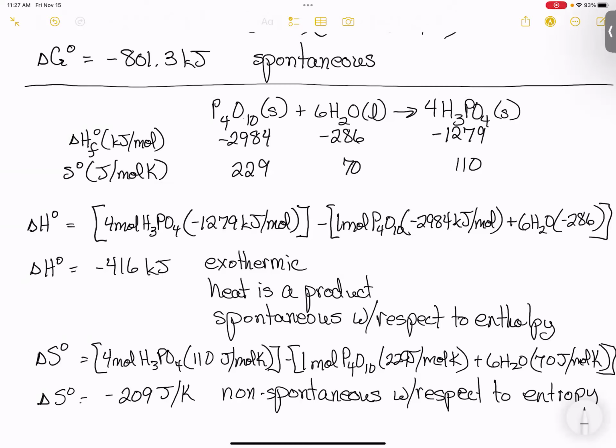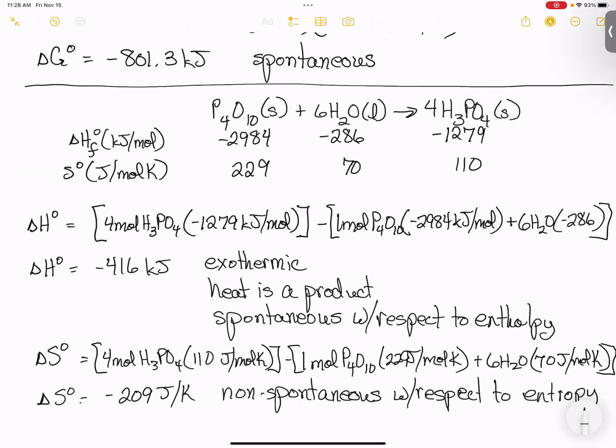Out of all 3 of these equations we come out with, why are 2 of them spontaneous and 1 of them is non-spontaneous? Okay. So the fact of the matter is, you can have 4 options, really. You can have an enthalpy that's spontaneous and an entropy that's spontaneous, which guarantees that the reaction's spontaneous.